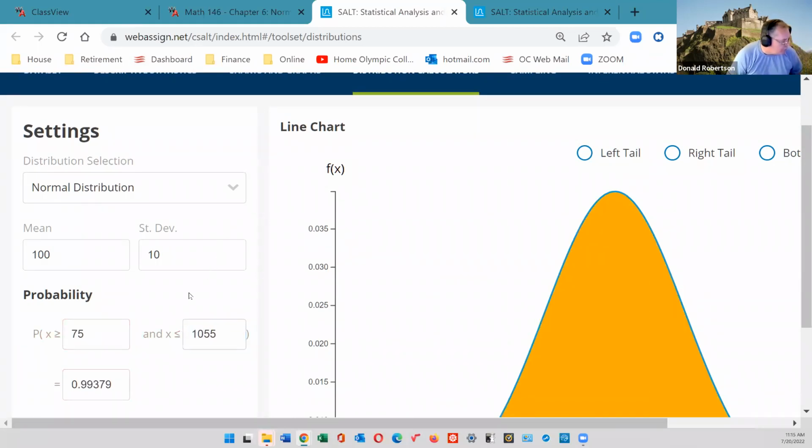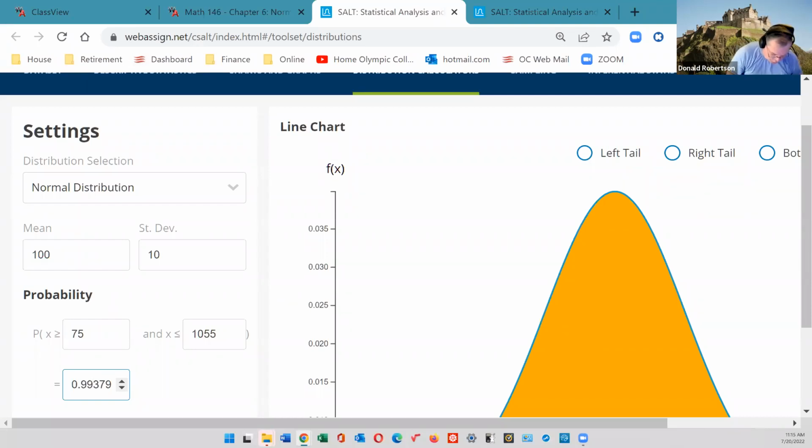Now, I think it would have been better for the software just to have the numbers on either side and the X in the middle. But you've got to live with it, right? You see the numbers. Right, and that ends up being 99.4%. Pretty much everybody is going to have an IQ in that particular range. So are we cool with that?